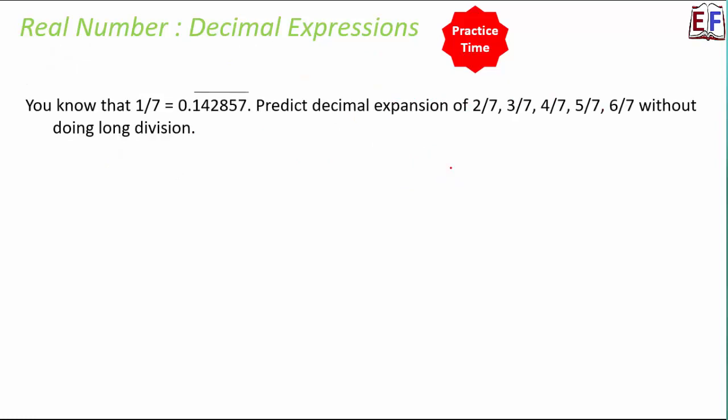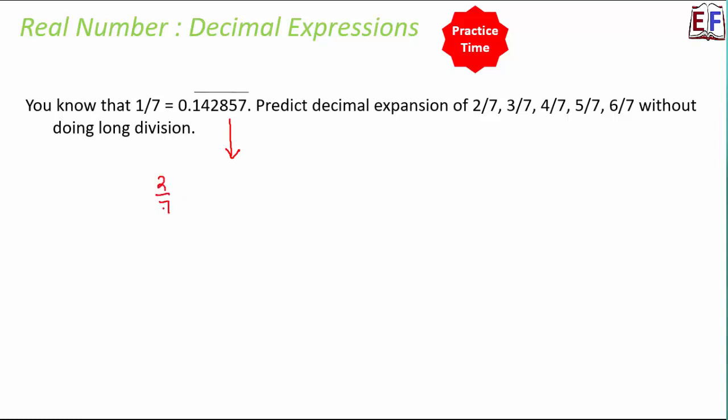You know that 1 by 7 is equal to 0.142857, where this entire thing keeps repeating. Predict the decimal expansion of 2 by 7, 3 by 7, 4 by 7, 5 by 7, 6 by 7 without doing long division. That's pretty simple. So if we know 1 by 7, how do we find 2 by 7? By multiplying it by 2. Simple. So in a similar way, if we have to write its corresponding decimal expression, we will simply multiply it by 2.